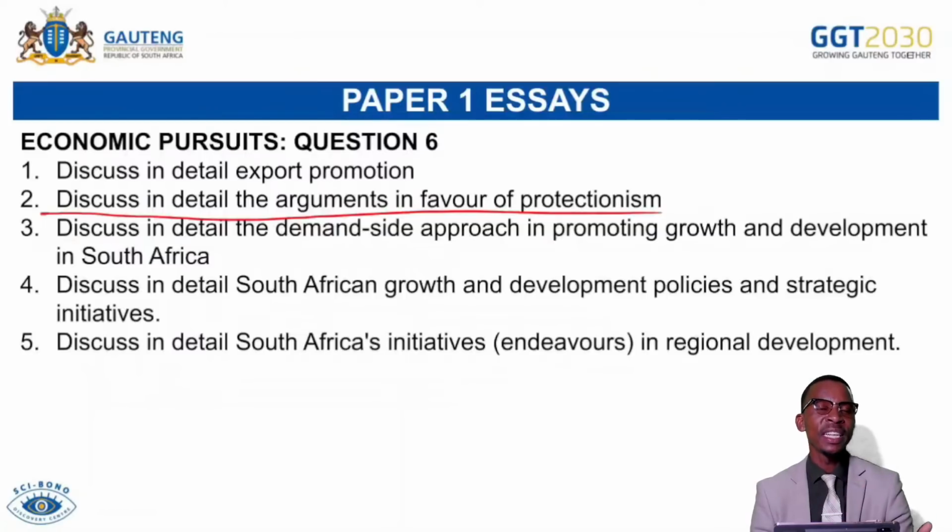IDZs are purposely built industrial estates that are located nearby seaports and airports, and then you give us the IDZ objectives. It aims to attract foreign direct investors, also to promote competitiveness of local industries abroad, also to create job opportunities. So answer in full sentences.